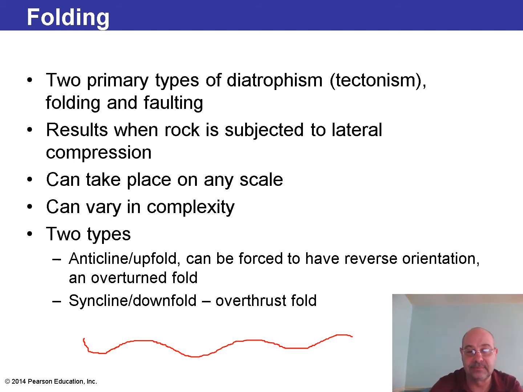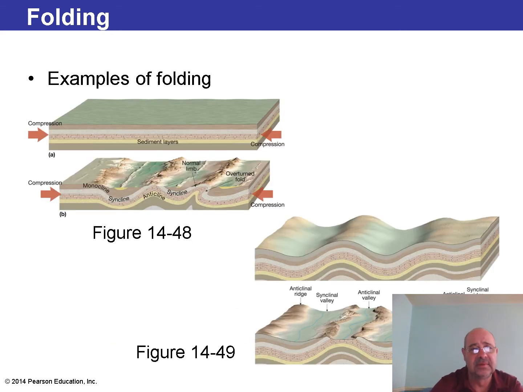And the overthrust fold we'll get into here in a minute. All right, so here's some examples. We got our sediment layer right here. Okay, and we start adding compression. Here's my syncline. Now, the first one that comes off, that first thing, is a monocline, because it's only one-sided. Syncline, anticline, syncline, and here's my overthrust.